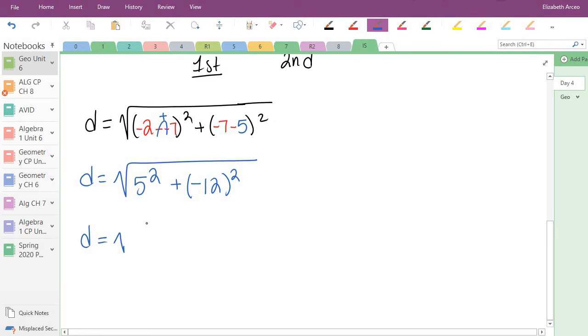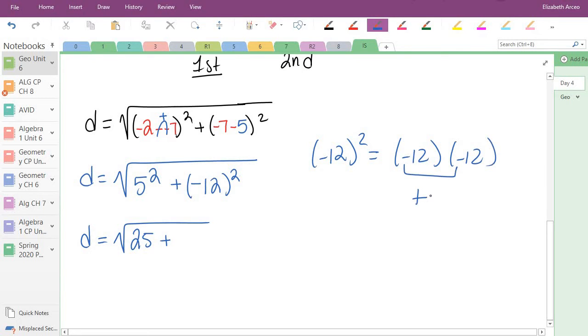So the distance is equal to 5 squared is 25, add negative 12 squared. Negative 12 squared means you're multiplying negative 12 twice. So the two negatives do become a positive, and 12 times 12 is 144.